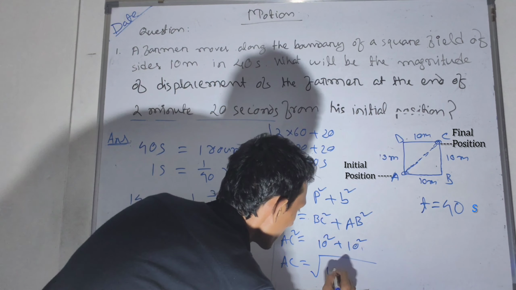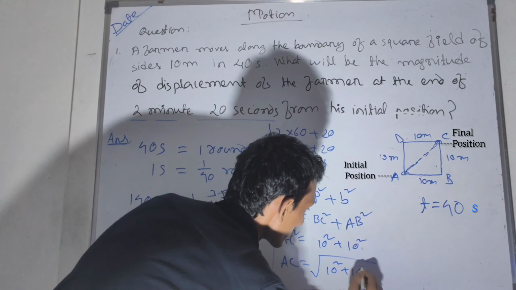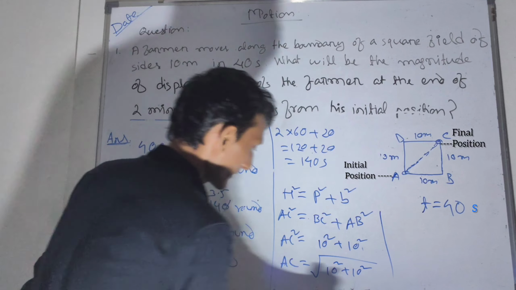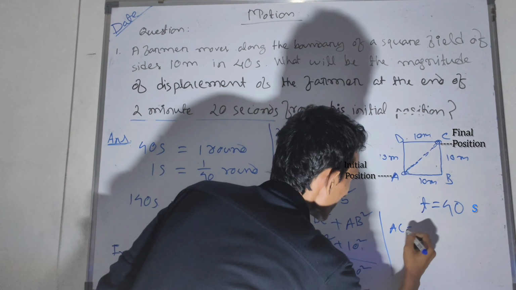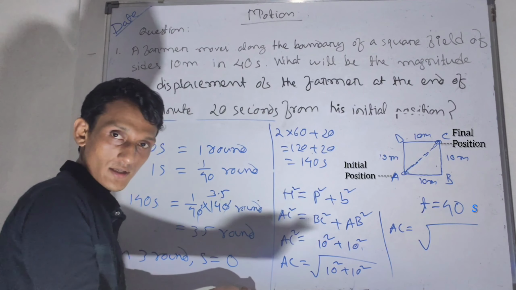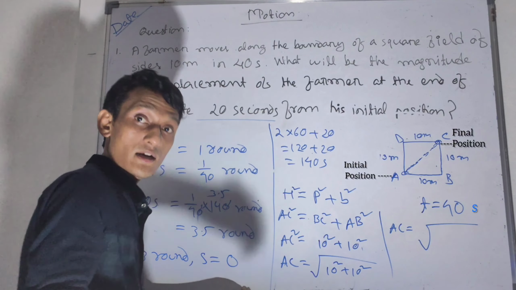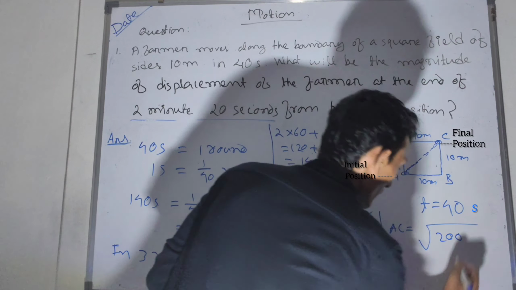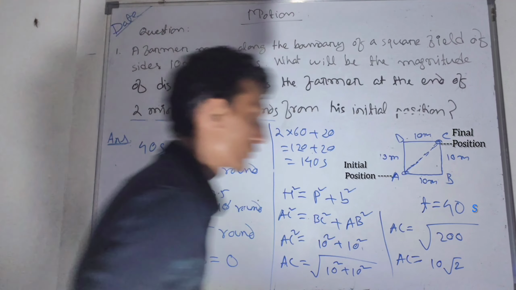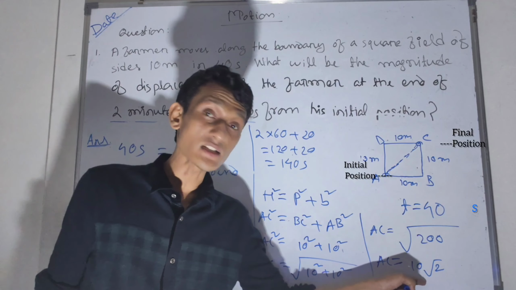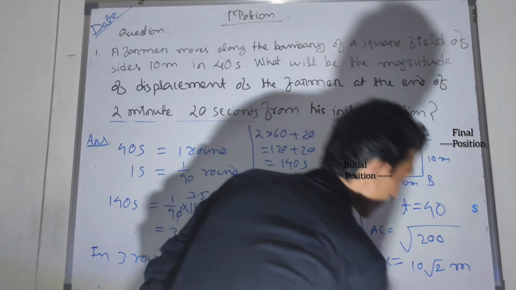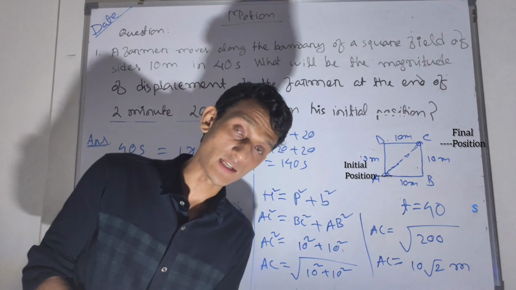So AC is equal to root over 10 square, 100, plus 10 square, 100, that is 100 plus 100, 200. We will get 10 root 2. Shortest distance, so AC is the displacement. And what is the unit? It is meter. Don't forget to write the unit. It is very important.